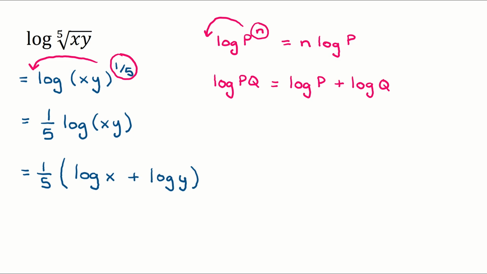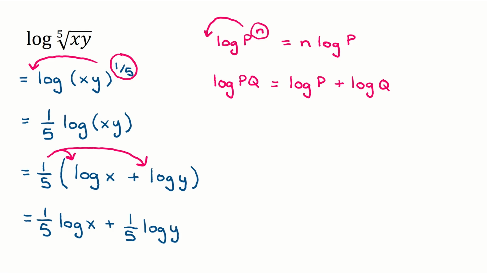And you can keep it like this, or you can expand it so the 1/5 gets multiplied through to both of these terms. And your final answer would be 1/5 log of x plus 1/5 log of y.